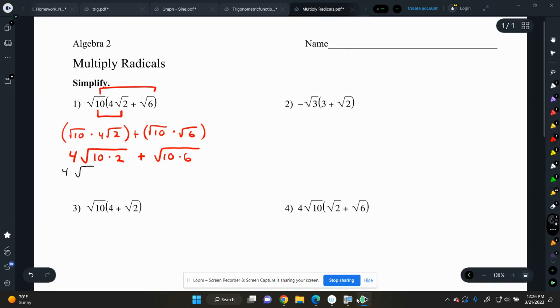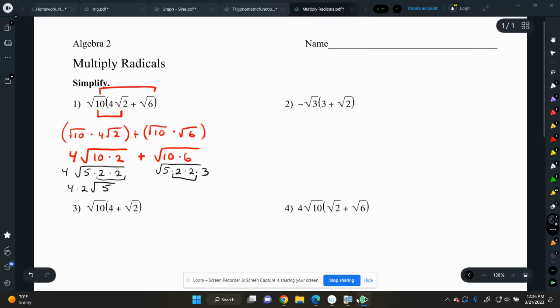Okay. So let's go ahead and figure out this radical. So 10 is the same thing as 5 times 2 times 2, which means now I can take these 2's out. So I have 4 times 2 on the outside, and I have 5 on the inside. And then over here, we have 5 times 2 is 10, and 6 is 2 times 3. So that means I can take these 2's out.